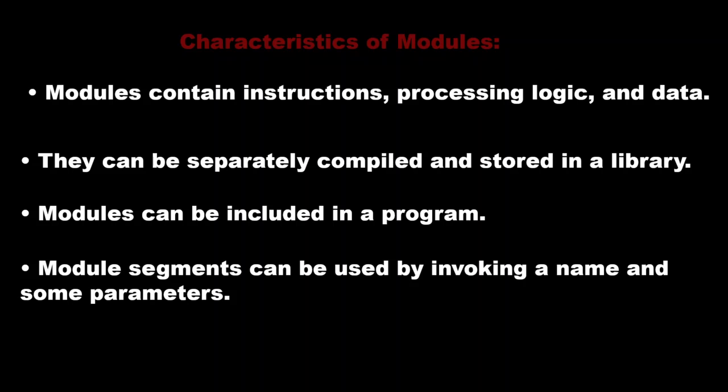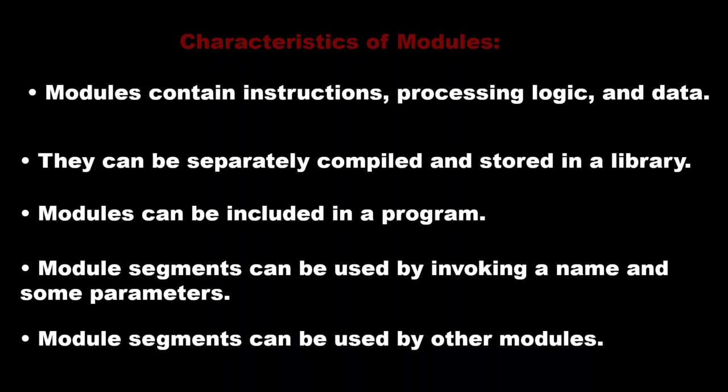Every module will have a particular name. As we have learned already about function names, the module also will have a name. With the help of the name, you can invoke the module in a program. Module segments can also be used by other modules. So it is not only for a program, it can be used by other independent modules also.